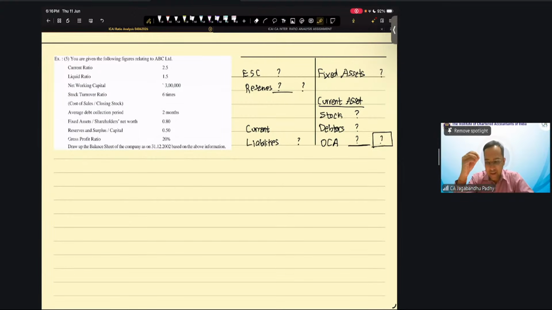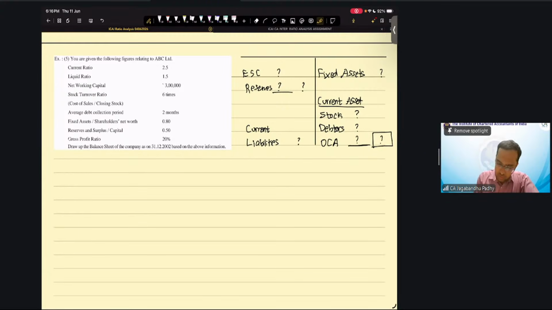Whenever you start this sort of question, start with a certain value or number, like the value of fixed assets, the value of stock, or the value of working capital, and then use it along with a ratio which is connected with that number. In our case, net working capital is given to us, which is current assets minus current liabilities, and we also have the current ratio given to us, which is 2.5. So I'll be using both of them together now to get the values.